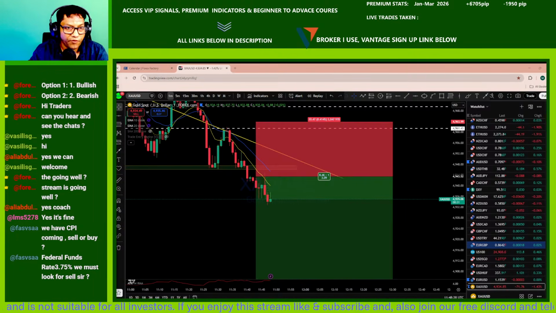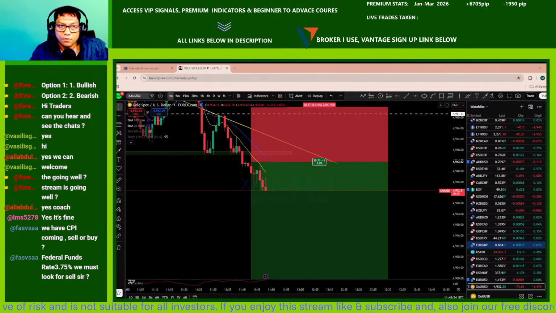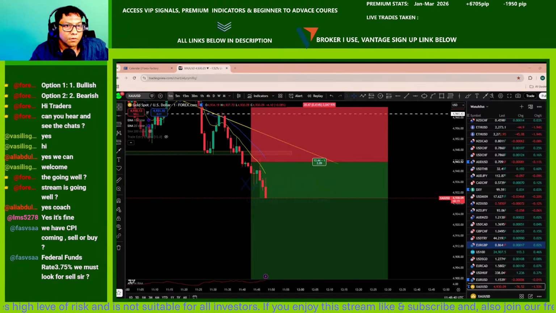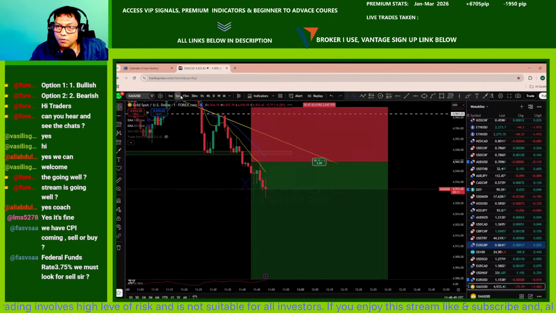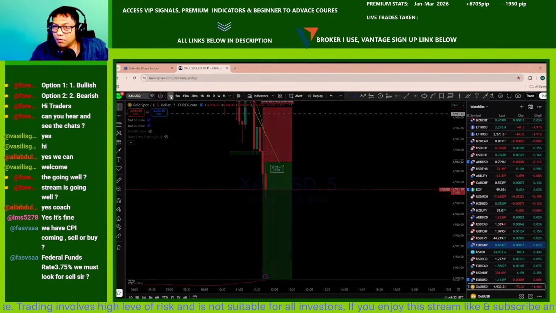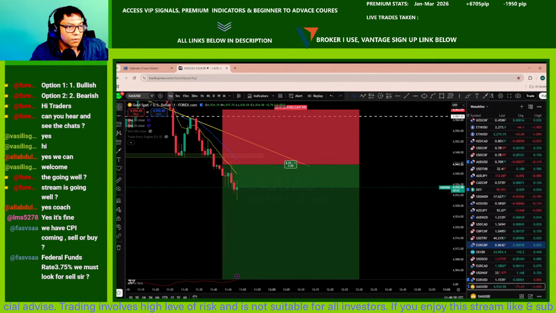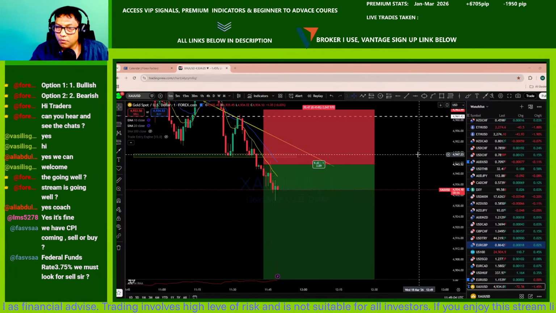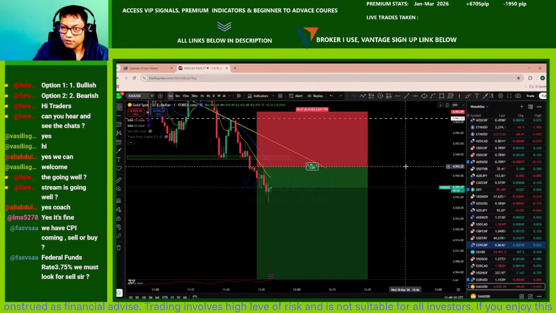So it looks like we might see further downside movement here. This is still down, still showing that there is bearish price action.